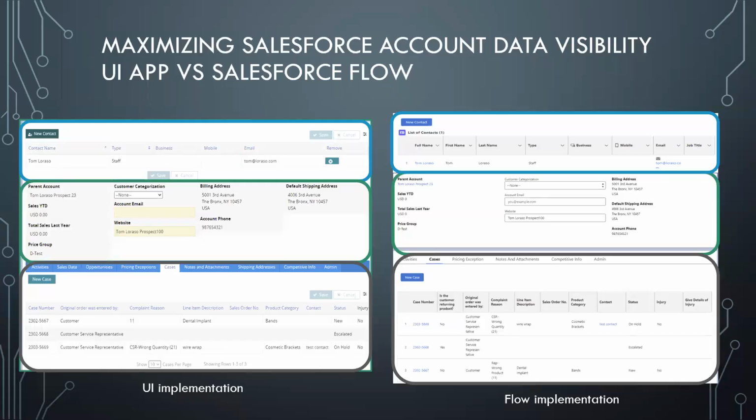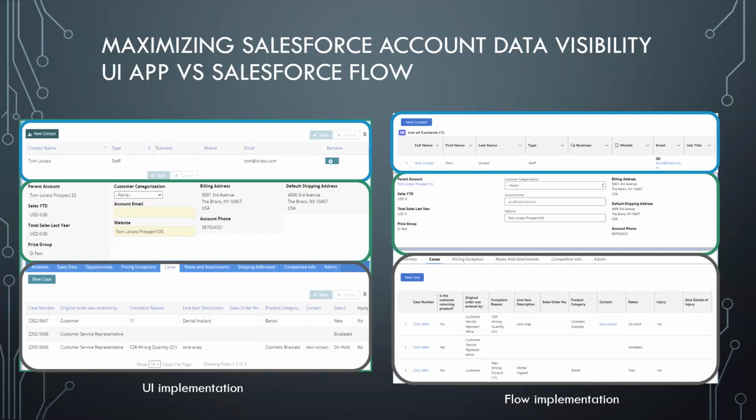So right here, on the left-hand side is our current UI implementation, and we're looking at an account. We provide information about the contacts for the account, some account information, and then several different aspects we all lay out here.